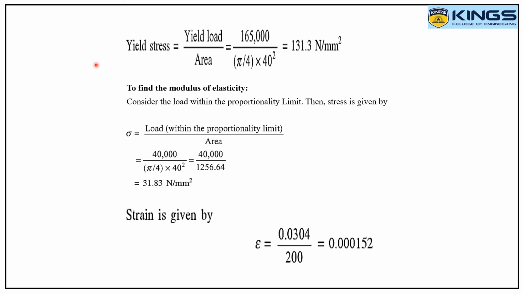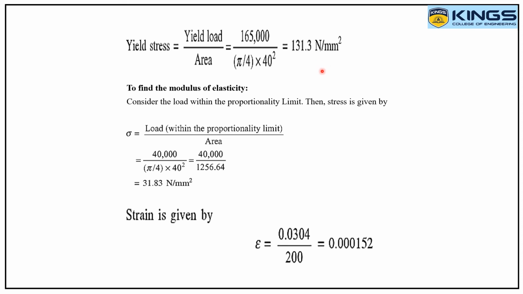Yield stress: yield load by area, 165,000 by area, which is pi by 4 d square for the cylindrical cross section. So pi by 4, diameter 40, so 40 square. On solving this, we get the yield stress equal to 131.3 Newton per mm square.